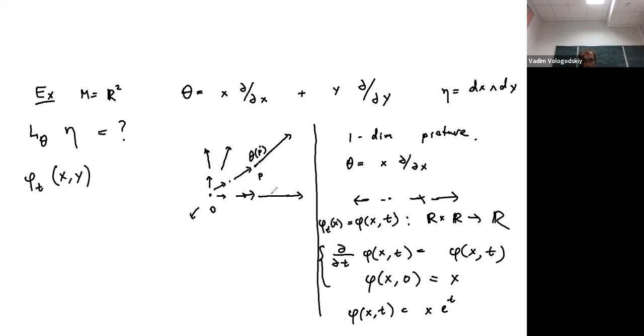As I said, it's going to be rotation invariant, so the one parameter group of diffeomorphisms is just e to the t times (x comma y). So this phi sub t is going to be a dilation by this number, e to the t. And it's clear that it takes sum to product. Okay? That's the formula for the one parameter group of diffeomorphisms. Now let's use it to compute the Lie derivative. Now the computation is very simple.